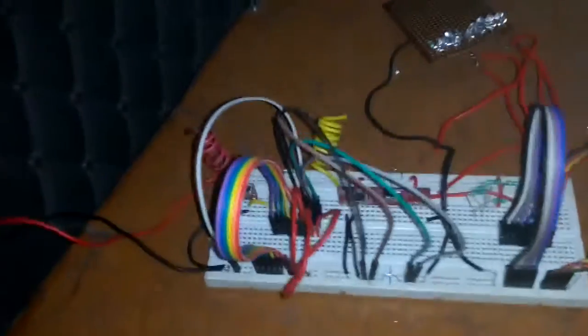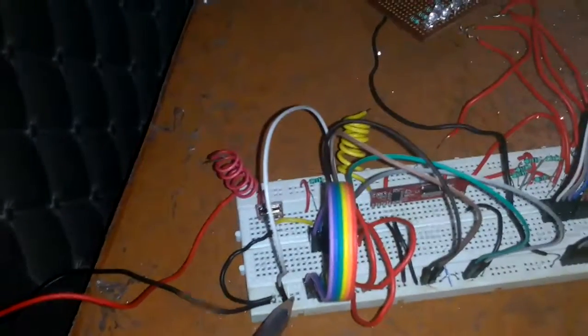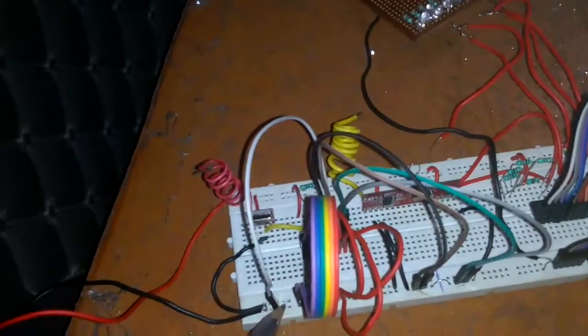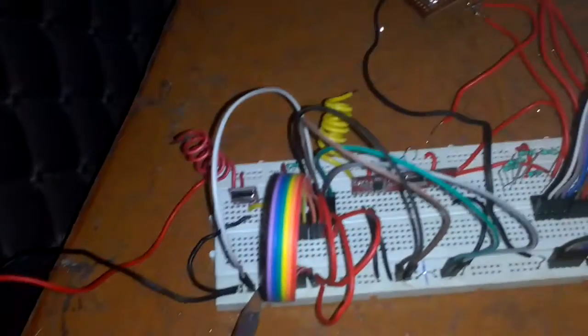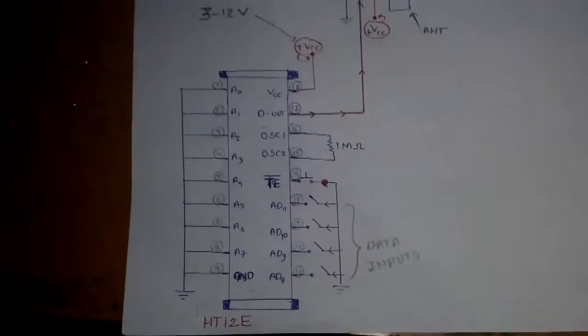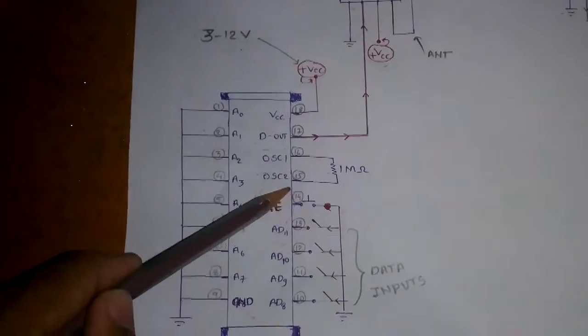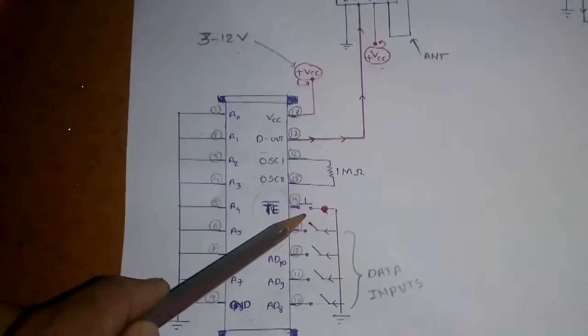Now if I remove the RF transmitter enable pin, which is located on the encoder IC, not the decoder, at pin number 14, we can verify that. So here is our ST12E encoder IC, and the transmission enable pin is here, pin 14.